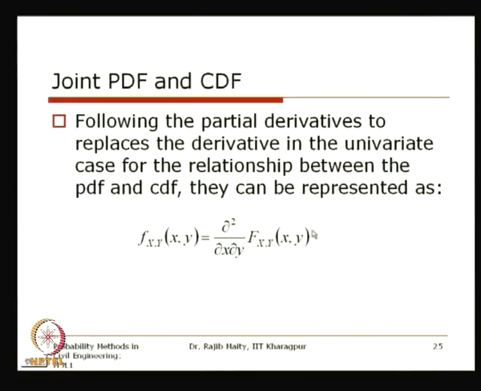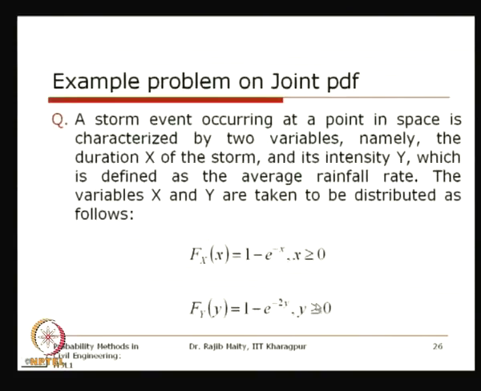If we differentiate the CDF, we get the joint PDF. This is similar to the single random variable, where we took only a single differentiation with respect to that particular random variable.